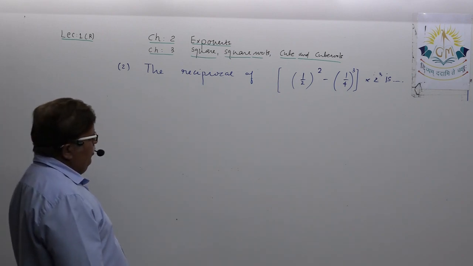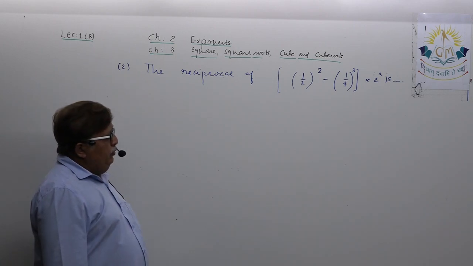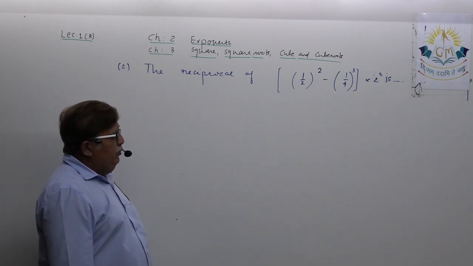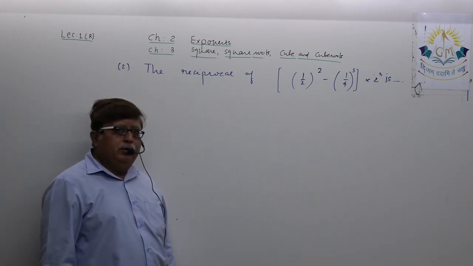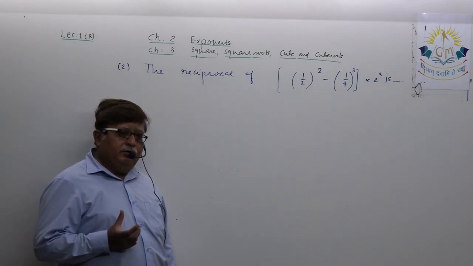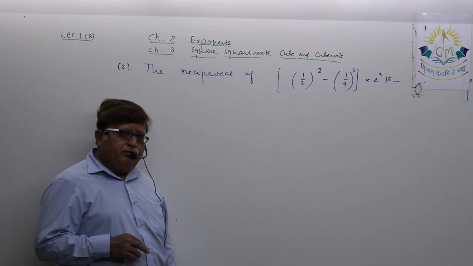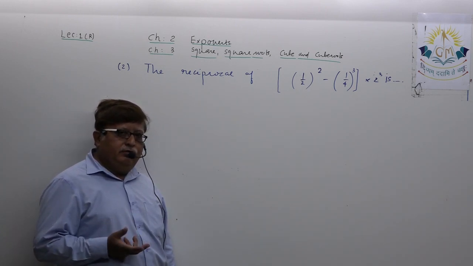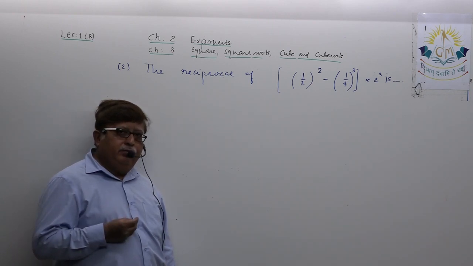Just 1 minute now. First, you have to evaluate the given mathematical expression, and after evaluating, whatever answer you get, that answer needs to be inverted, meaning you have to find its reciprocal, which you sometimes call its multiplicative inverse.